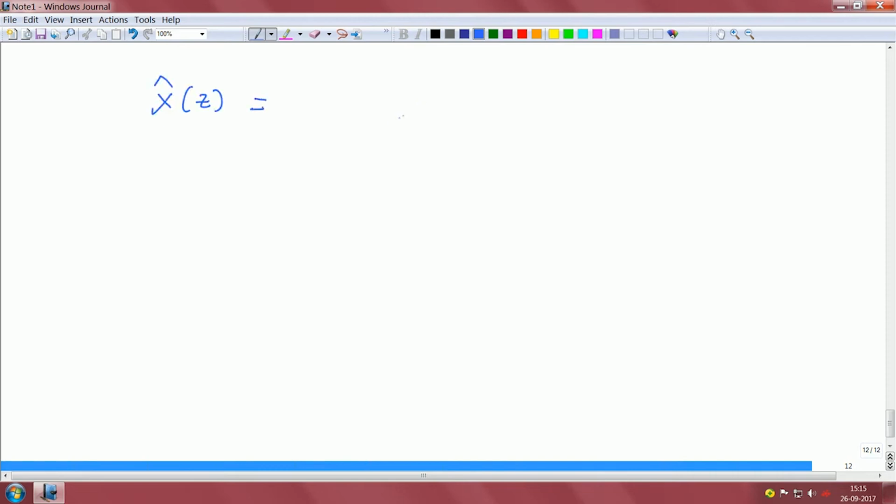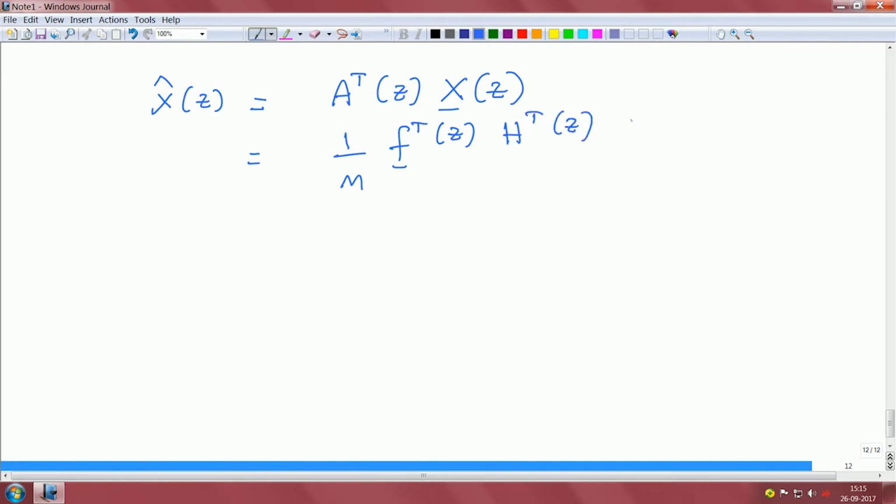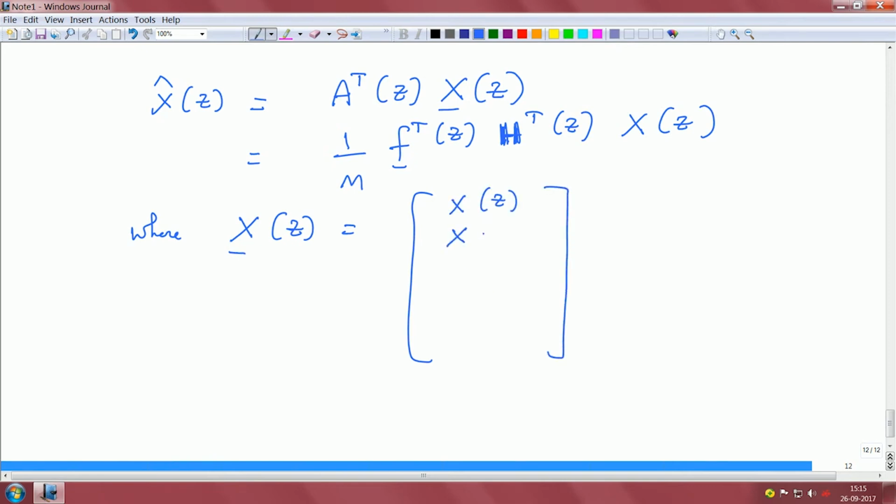X hat of z is basically A transpose z times X of z, which is basically 1 upon m F transpose of z H transpose of z X of z, where X of z is our usual vector which has the unaliased component of the signal with all the aliased versions.